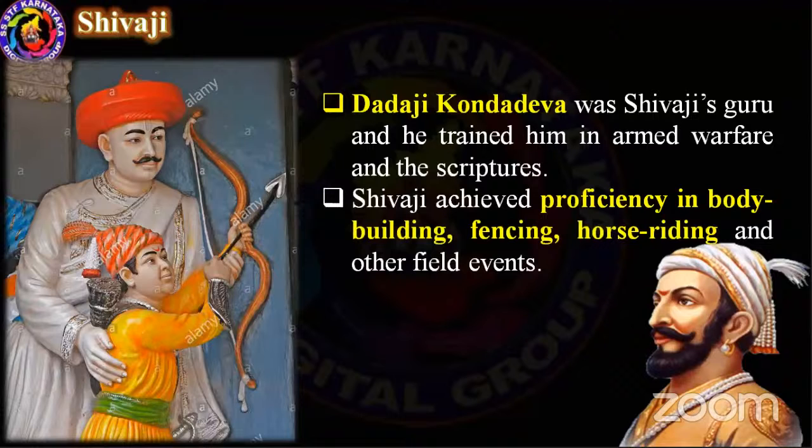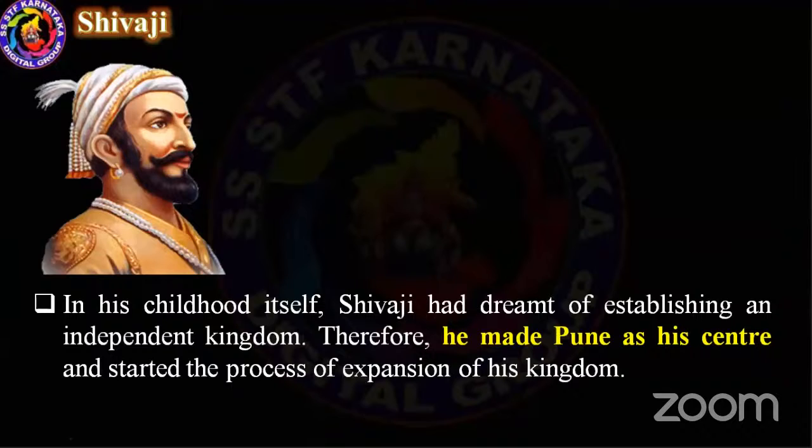Shivaji achieved proficiency in bodybuilding, fencing, horse riding, and other such skills. These were all taught to him by Dadaji Kondadeva. In his childhood itself, Shivaji had dreams of establishing an independent kingdom.